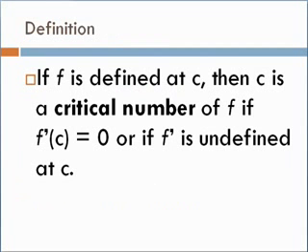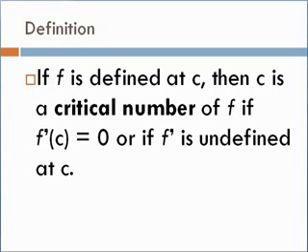So the definition of a critical number is: if a function is defined at c, then c is a critical number if the derivative of the function at that value c is 0, or whenever the derivative of the function is undefined.